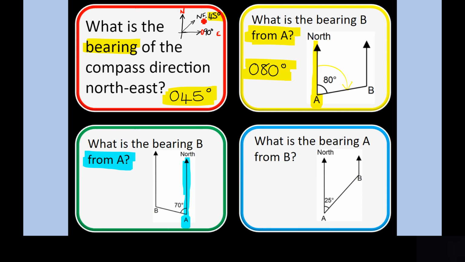And the halfway point between the two of those is half of 90 degrees, so that's 045 degrees. Really important, bearings are always 3 digits. Okay, that's really important to know. You could lose a mark in a question if you don't write it in the correct format.